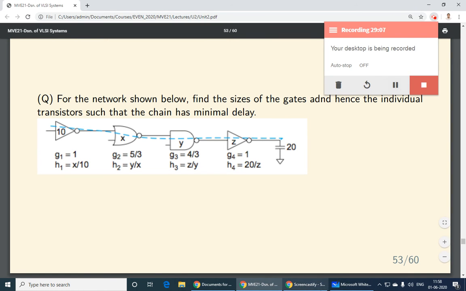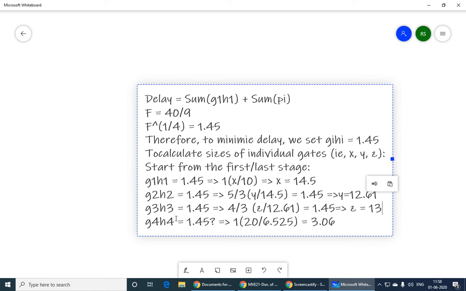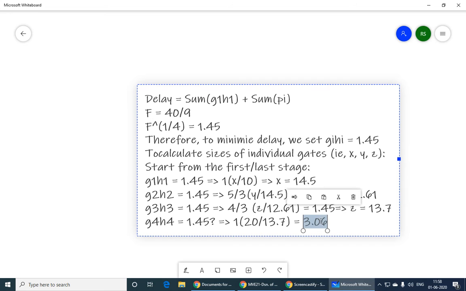So, sorry about that. There's a small error that we made here. This comes to around double of that, so 13.7 or something. If we use that, removing this again, 13.7, we will get 1.45 automatically for G4H4.